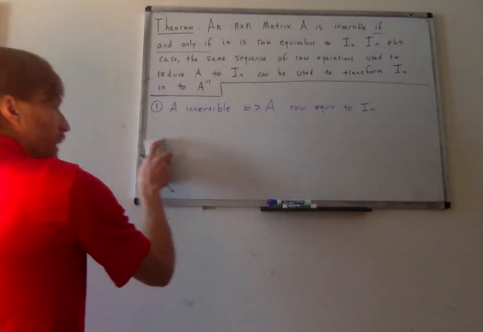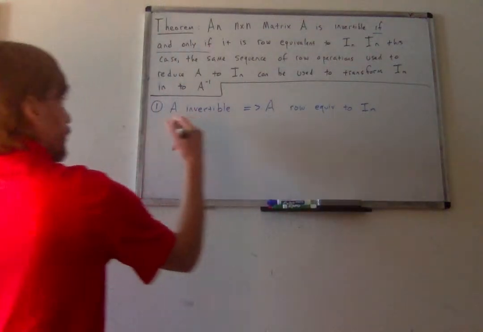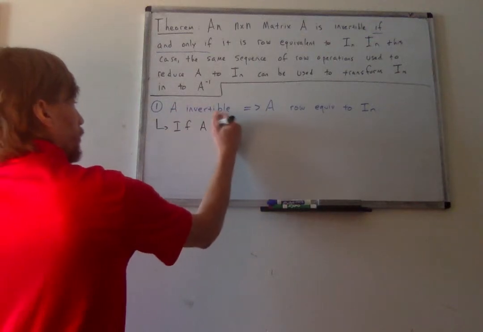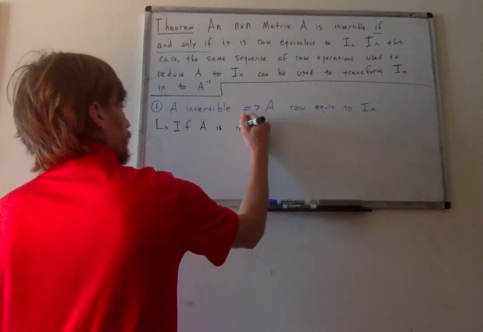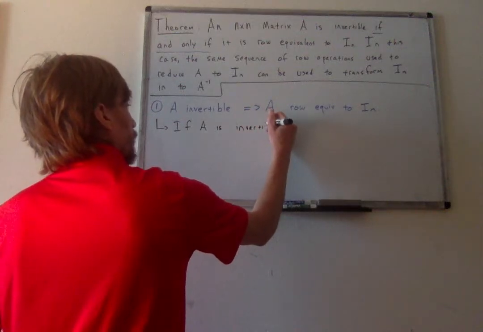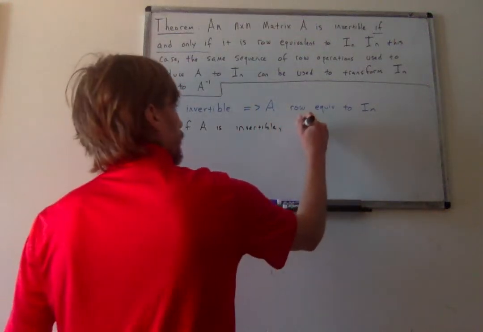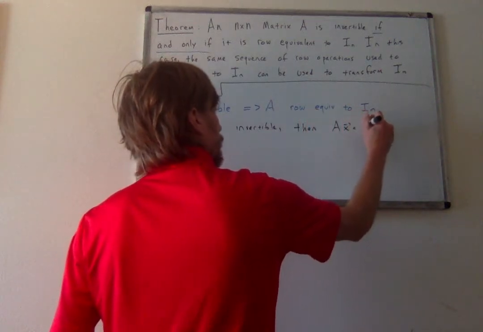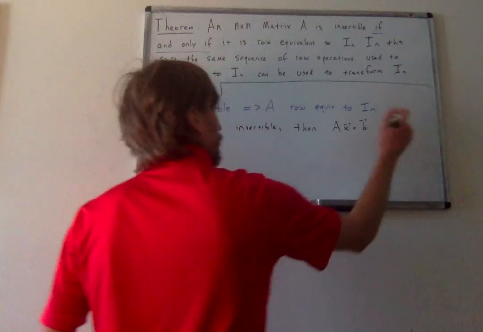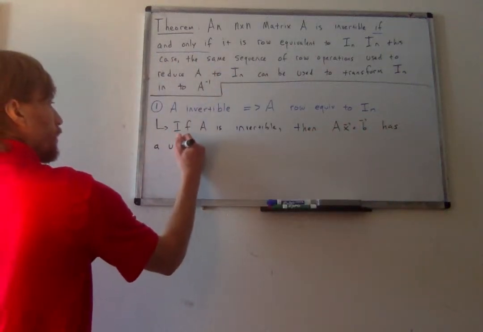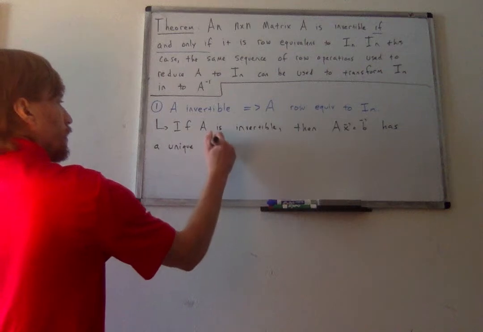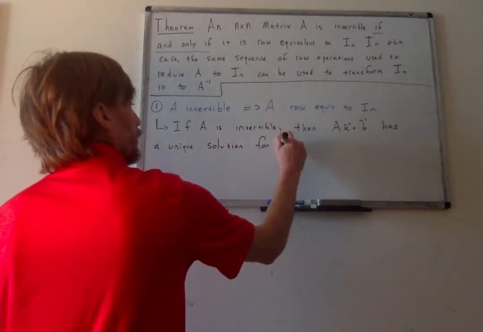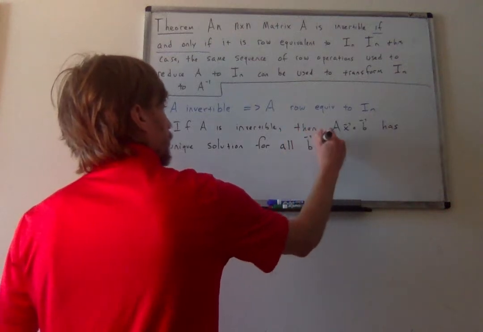All right, so as we've already seen, if A is invertible, then the matrix equation AX equals B has a unique solution for all B in Rn.